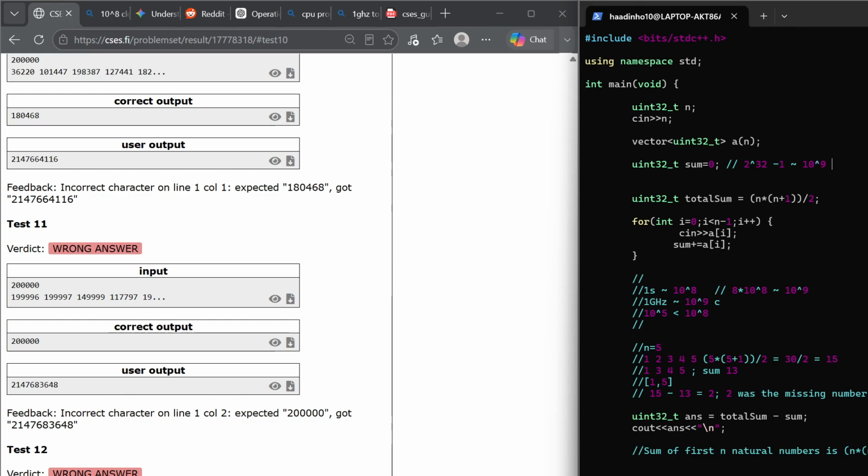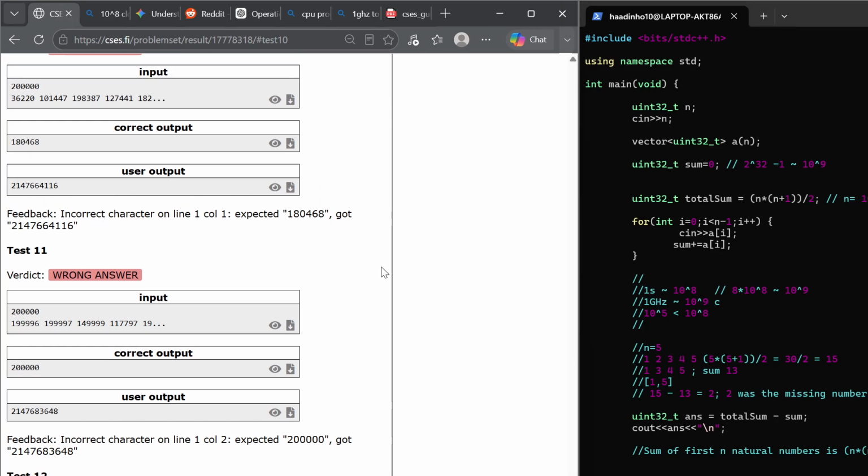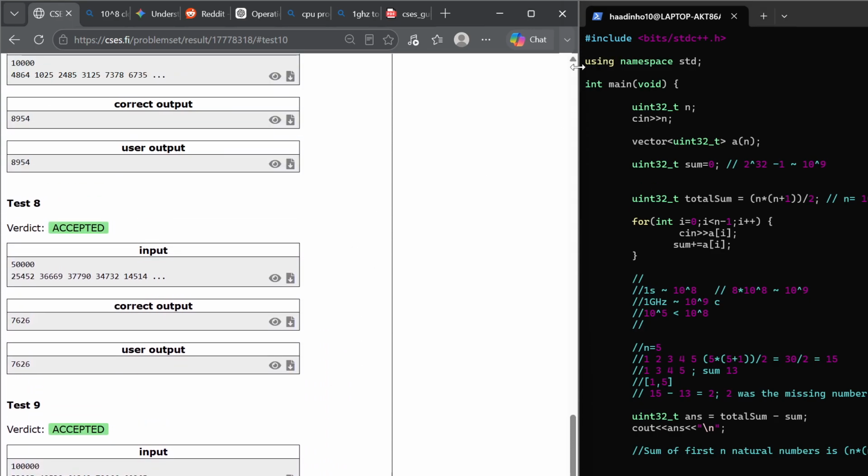So n into n, 10 power 10, is greater than 10 power 9, so it cannot hold it and we might face overflow errors.